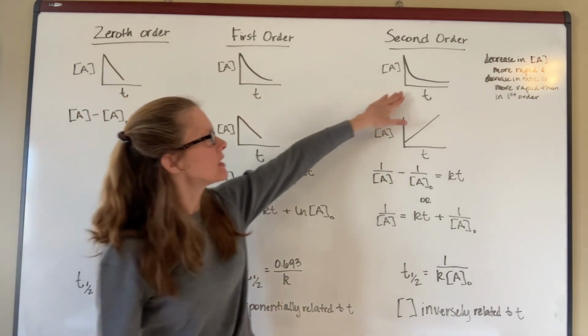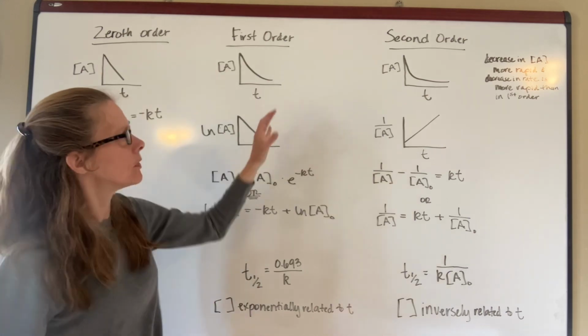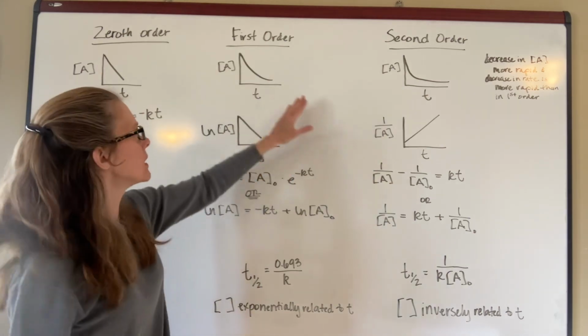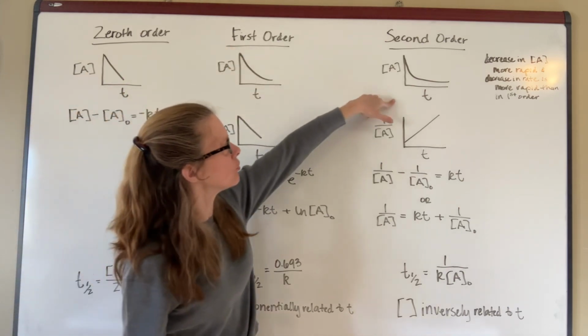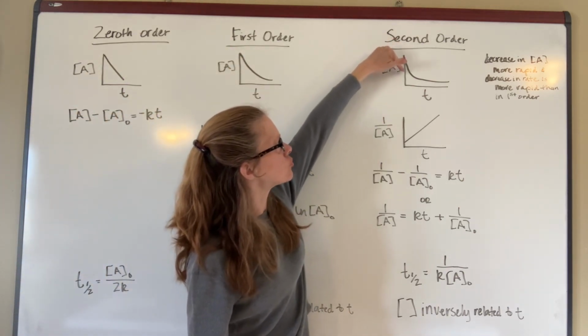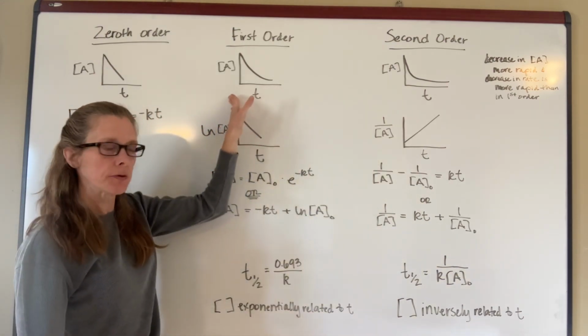The same thing is true for a first order reaction, but, and I don't know how well you can see this in my drawing, what I was trying to show you is that here in the second order reaction, this line drops off a lot more quickly than it does over here, okay?